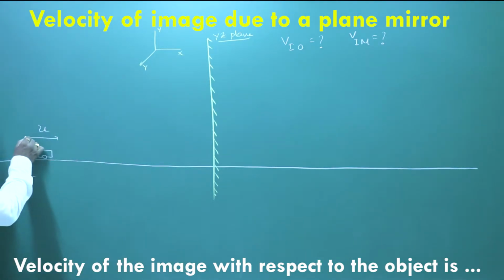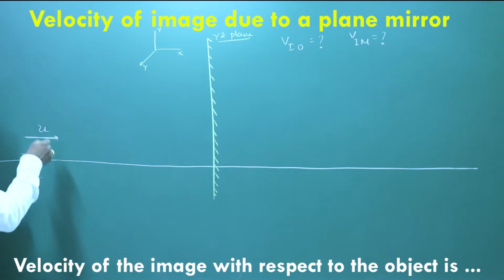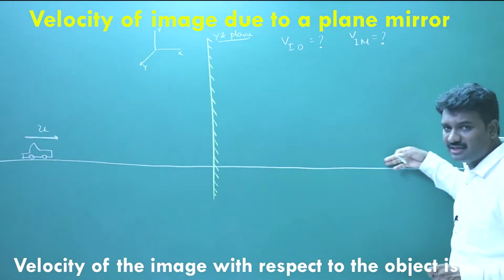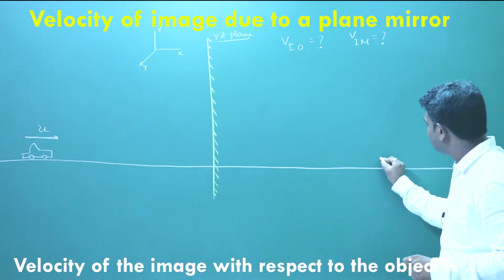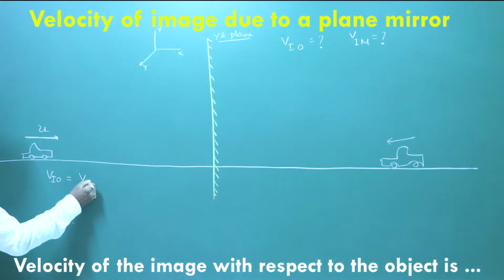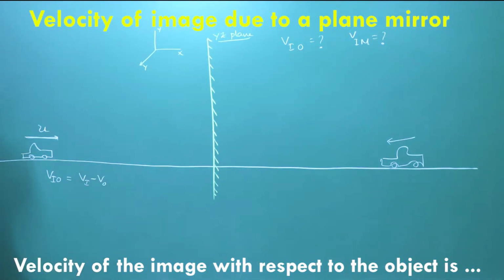See, if the object is moving with the velocity u like this, the image also moves towards the mirror with the same velocity u. The velocity of image with respect to observer means velocity of image minus velocity of object. These are relative velocity formulae. So what is the absolute velocity of the image?